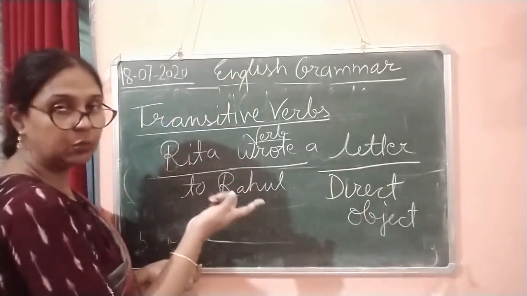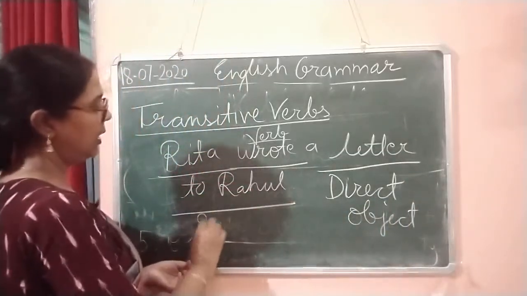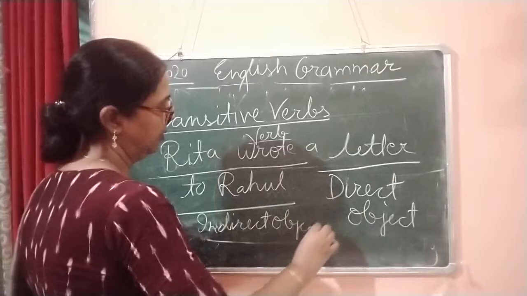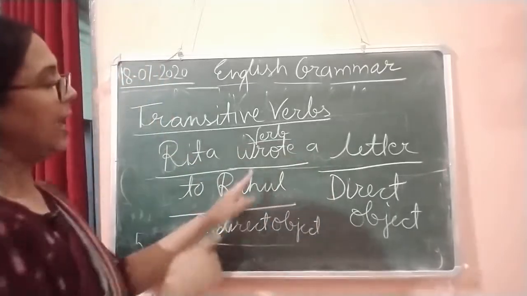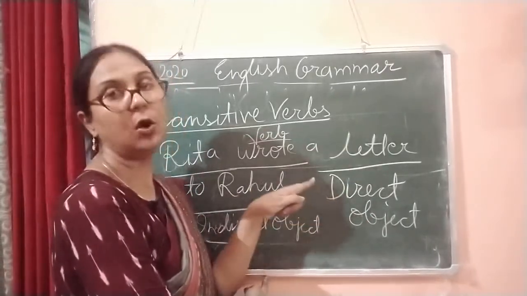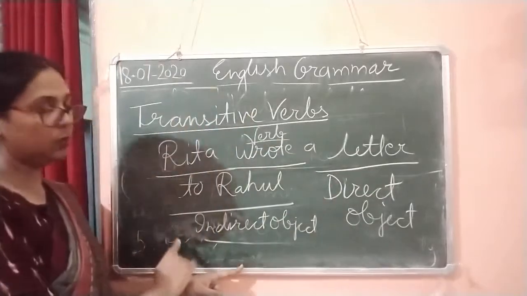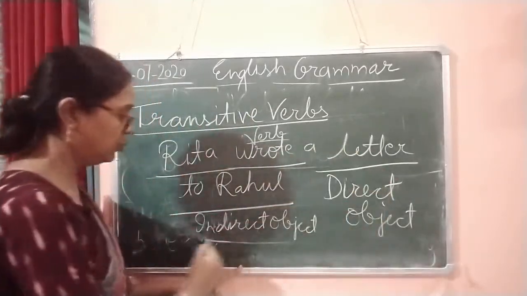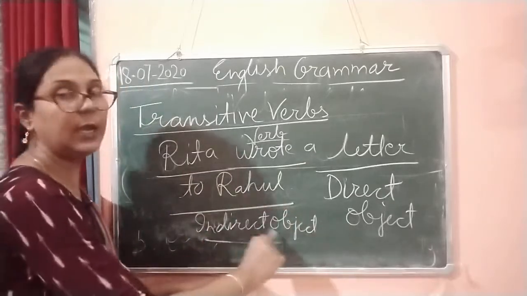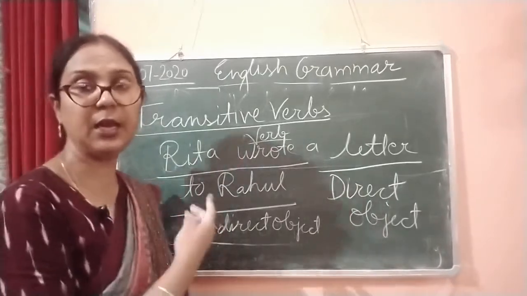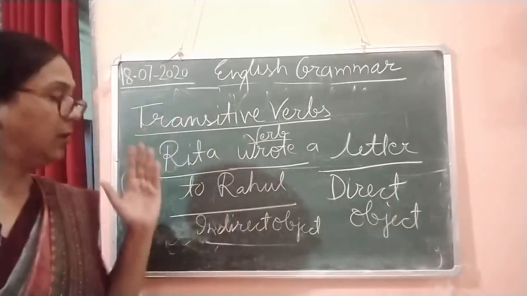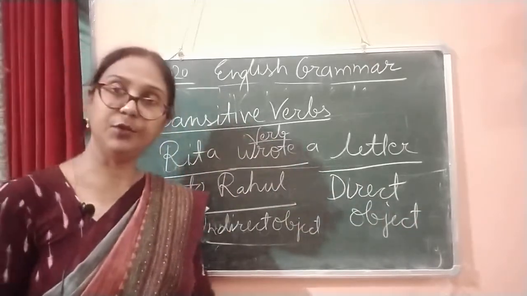And to whom? To Rahul. This is the indirect object. Because the action is done directly on that object, this is called the direct object, and indirectly it moves to Rahul. So to Rahul is the indirect object. This way we can understand what the direct and indirect objects are.